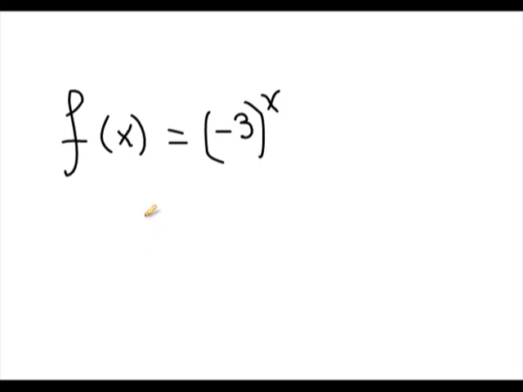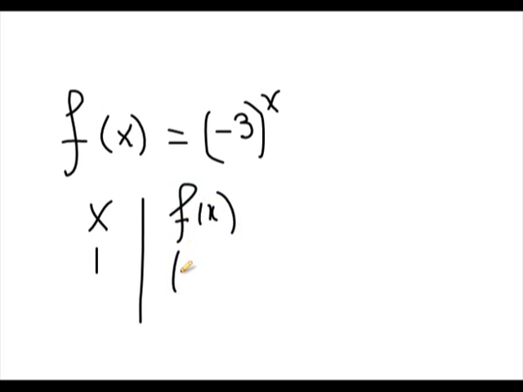In this case, if we have x equal 1, what is f of x going to be? I'm going to have minus 3 to the power of 1. That's going to give me minus 3. Wow. So an exponential can be negative?